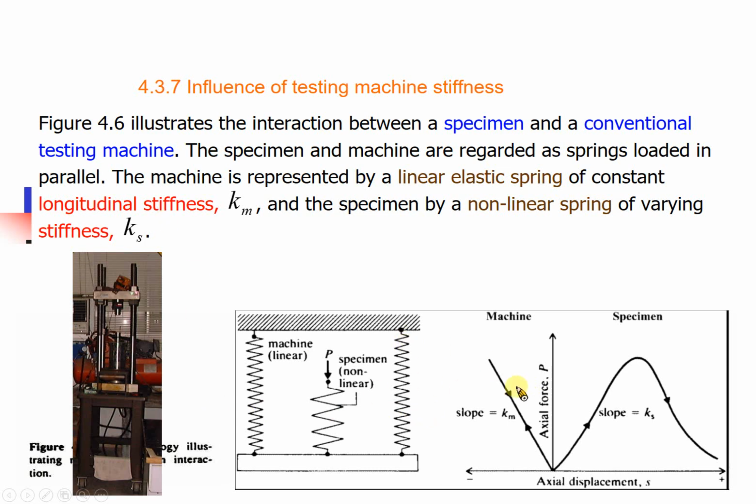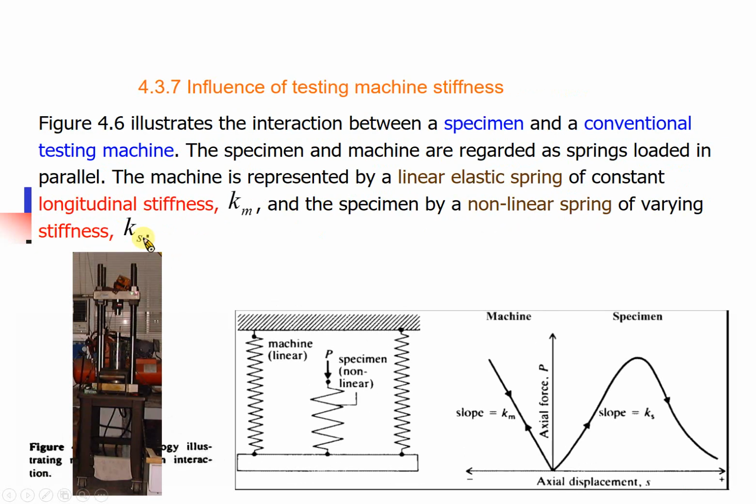Then this will be the stiffness of the machine, and this will be the stiffness of the specimen. That will be the displacement versus load, and the slope will be the stiffness of the rock and of the machine. We call it K machine and K system.